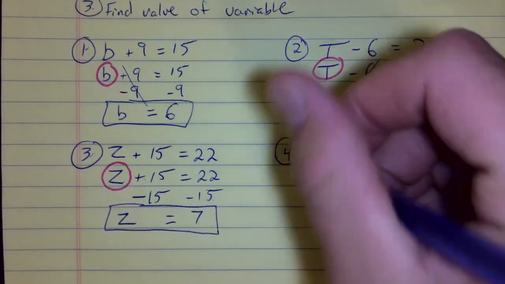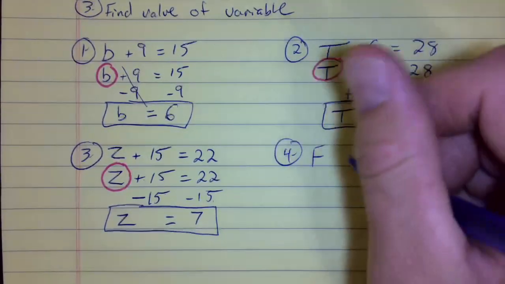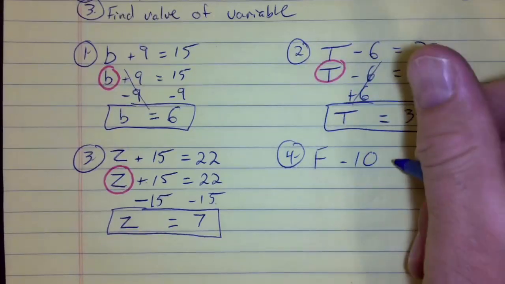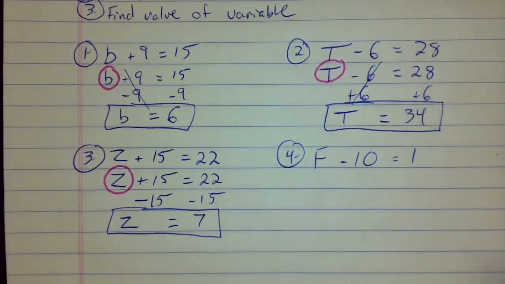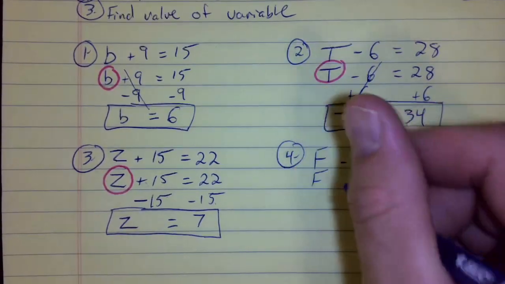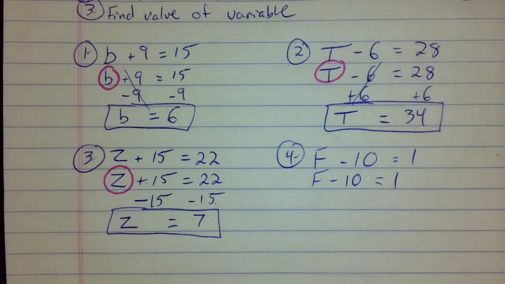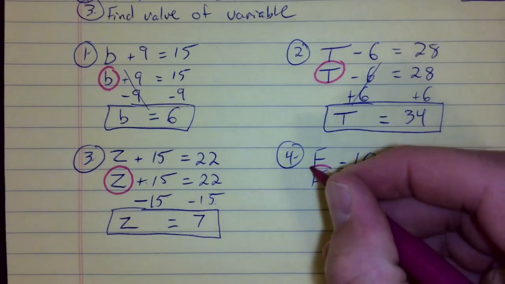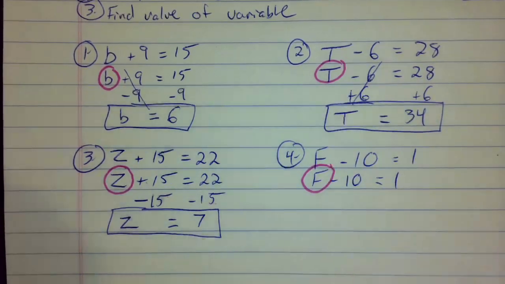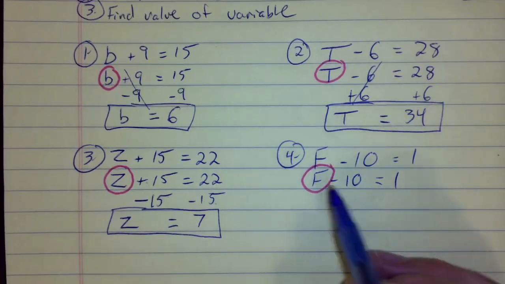Let's see another one. F minus 10 equals 1. So first off, just go ahead and rewrite f minus 10 equals 1 and circle that variable. You have to get that f by itself. How are you going to get f by itself?